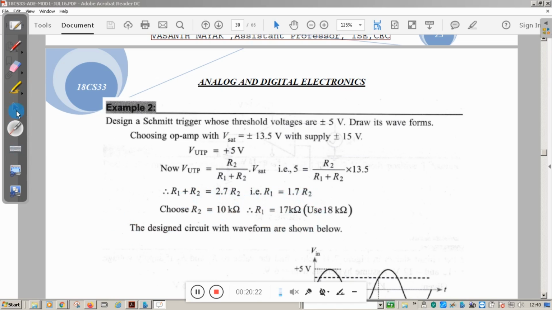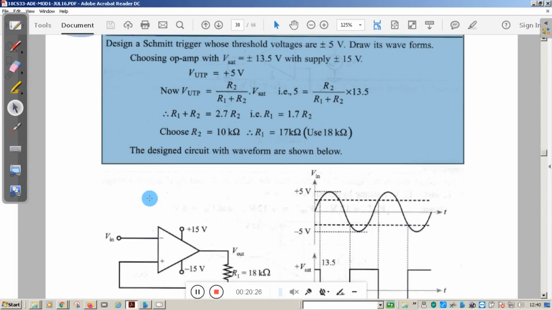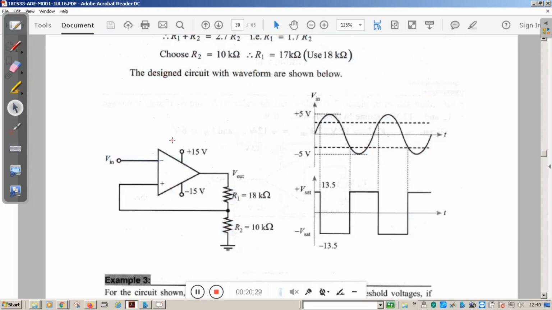So now the circuit diagram is here. You can see that because they have asked us to design the Schmitt trigger, this is the positive feedback and we are using two resistors. One resistor we assume 10 kilo ohm, the other resistor is 18 kilo ohm, and the bias voltage is plus 15 and minus 15 volt.